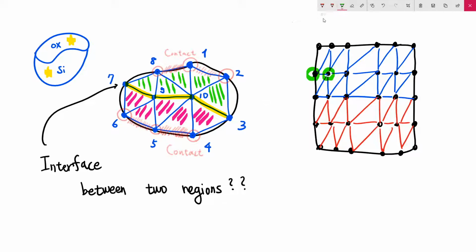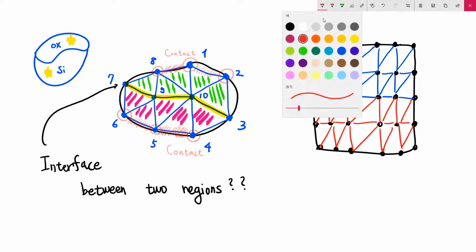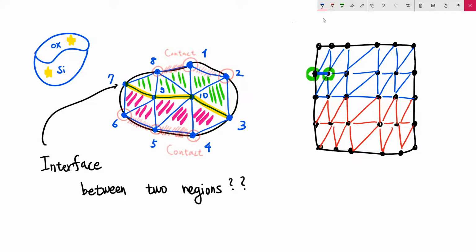So the edge connecting them, for example here, this guy satisfies his suggestion. However, you know that this is not the interface. Obviously the interface should be shown here, and we have to find out a way to determine these edges.